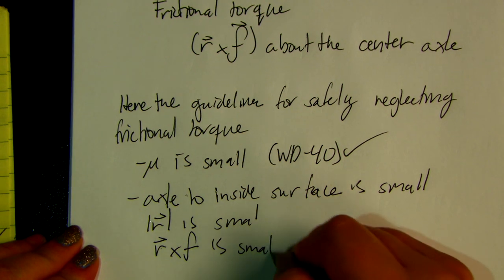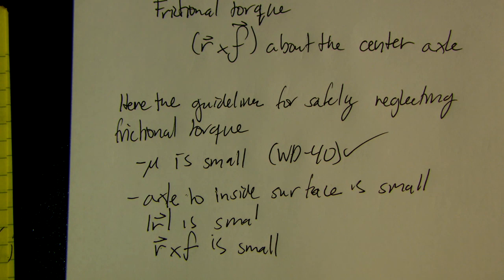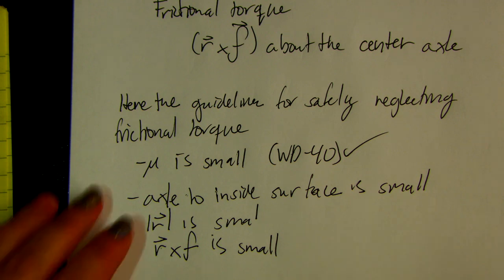By the way, in real life, a small axle is not always practical. There's other implications of having a small axle. It will decrease the impact of friction, but it can be harder to torque.